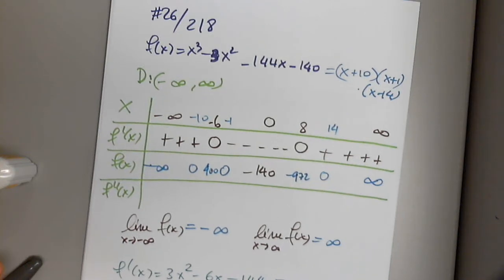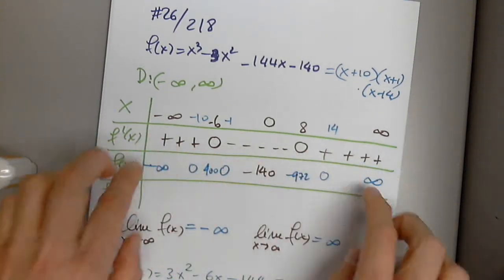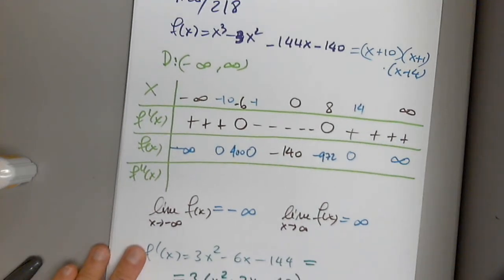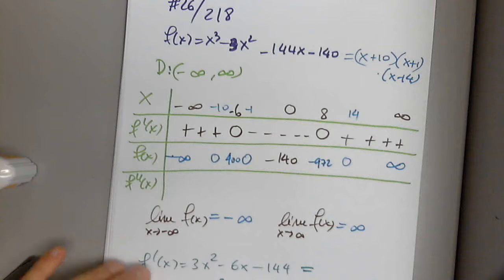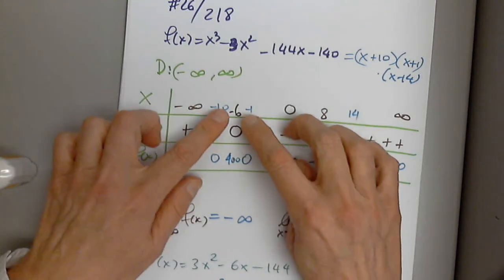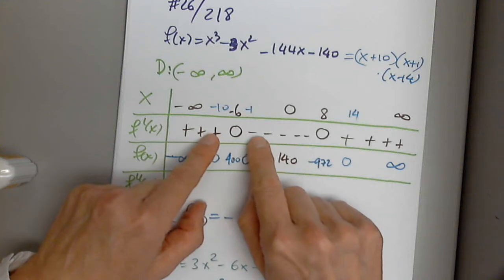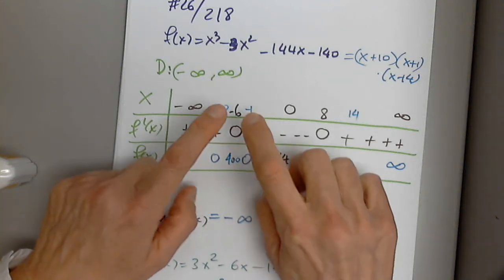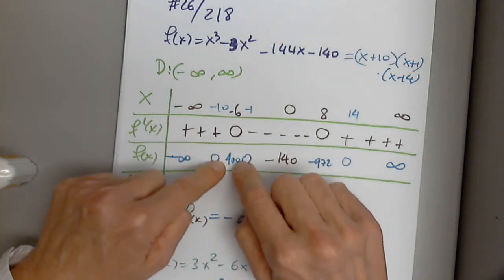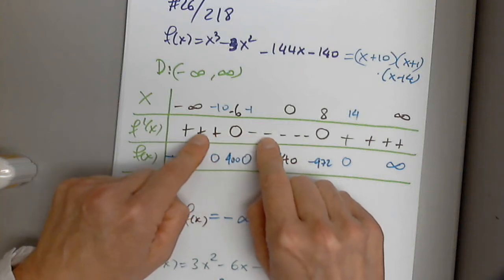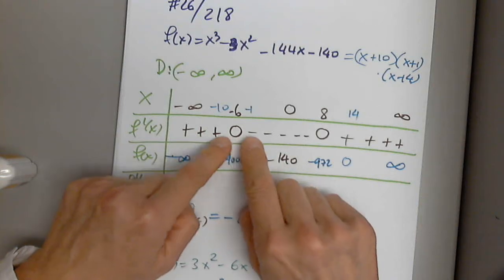Okay, good. So now let's see if these two rows work well together. Ready? Okay, so first of all, -6, 400, what type of point will that be? Important. Right. The first derivative is positive and then negative.